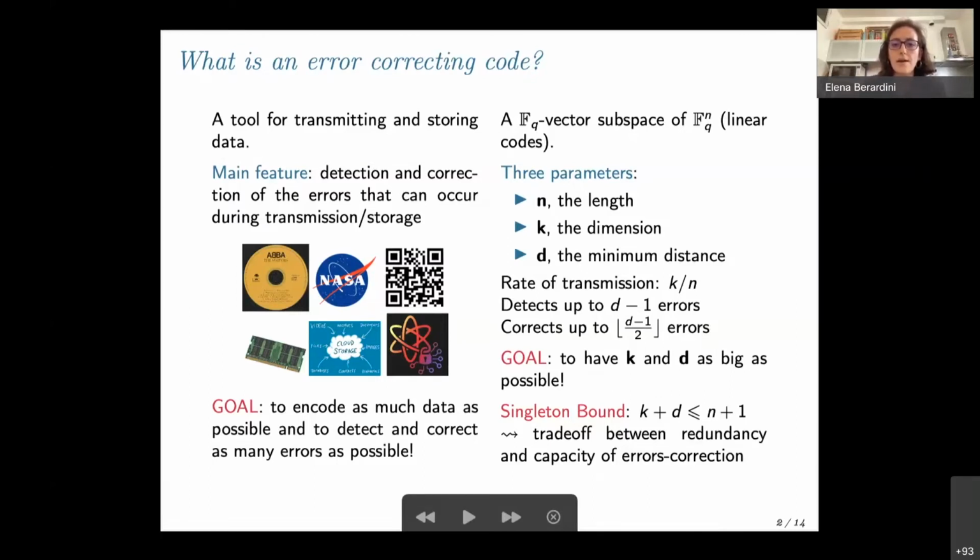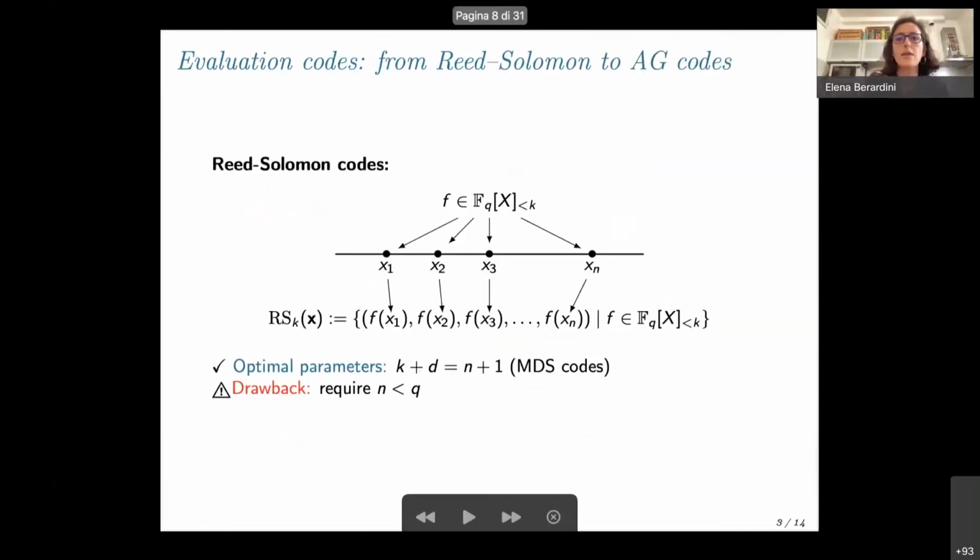So where do AG codes enter the game, and what does algebraic geometry have to do with these codes? Well, one of the main examples of linear codes are the Reed-Solomon codes, which are constructed by evaluating univariate polynomials of bounded degree at some points in a finite field F_q.